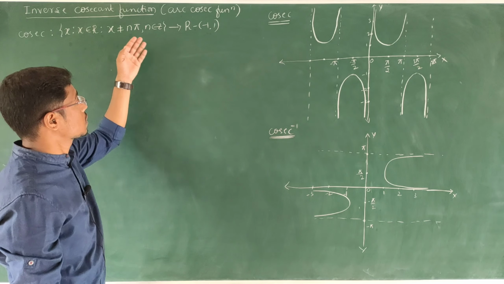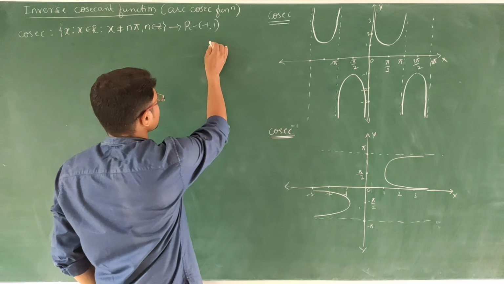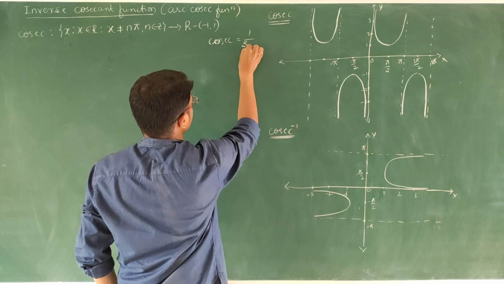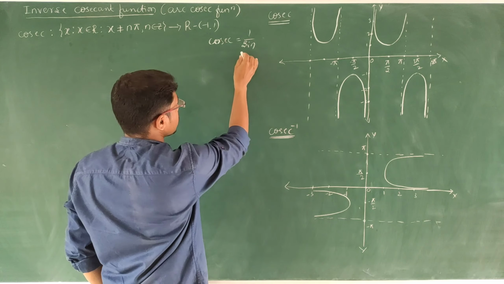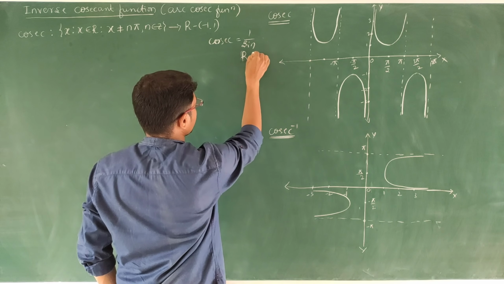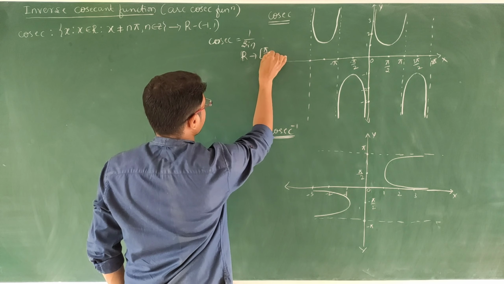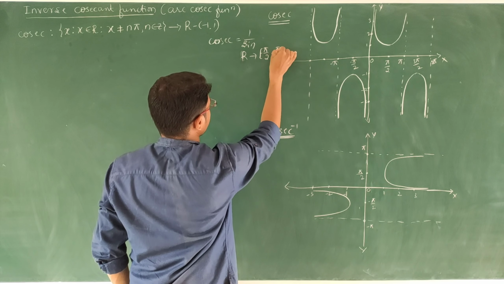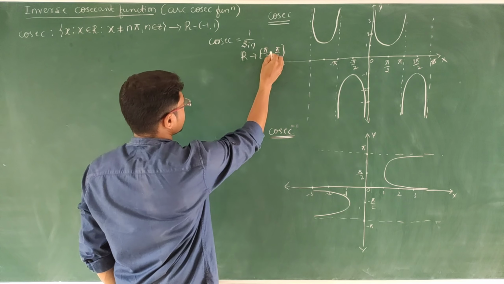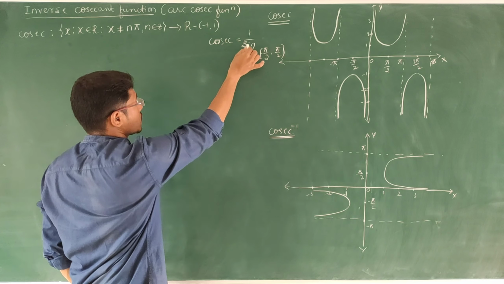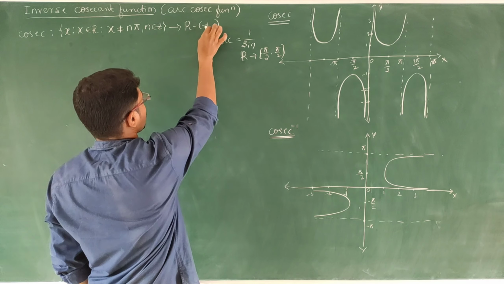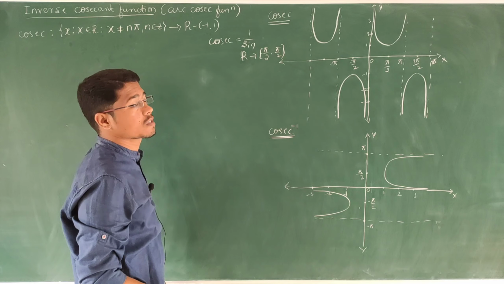So this is the definition of cosec x, because cosec is equal to 1 by sine. So we know sine is defined on R, with range minus 1 to 1. If x is equal to 0, sine 0 will be 0. So cosec is not defined there, and it takes no values in minus 1 comma 1.